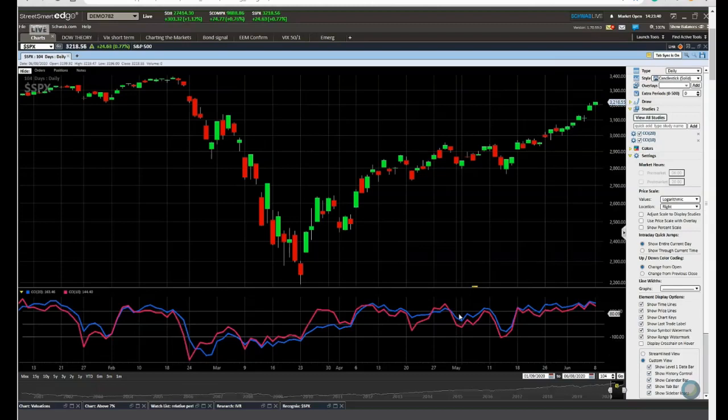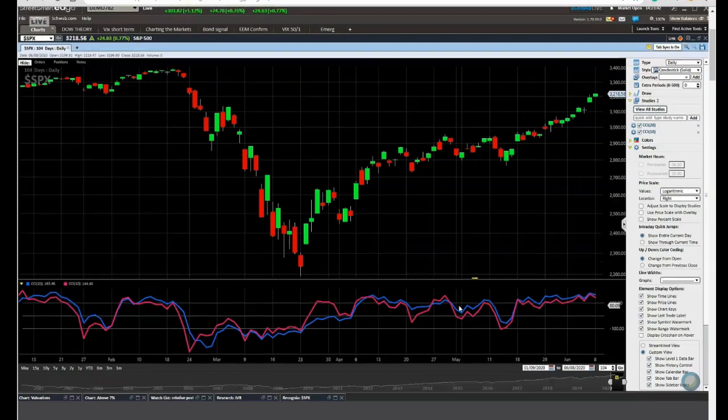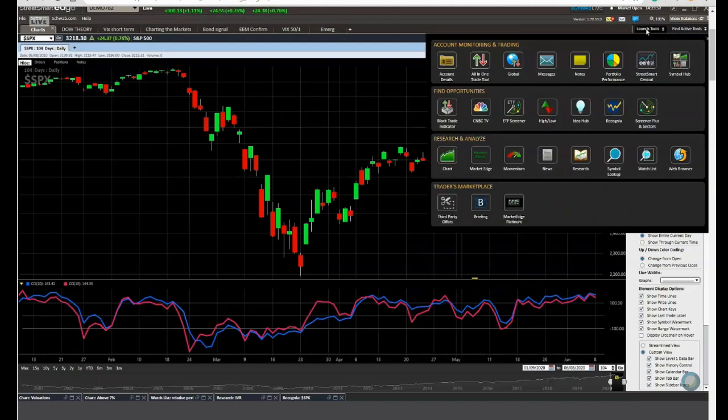Also, if you want to use Donald Lambert's original method and you want a way to find stocks that are doing that, you can use this tool here, Launch Tools, Recognia, which is a third-party technical analysis tool, which I already have launched.